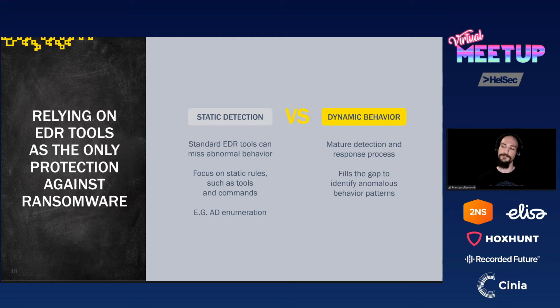And of course, this is not to say that these tools are useless. It's just that when it comes to more advanced attacks, they cannot be seen as the single line of defense. If we take into consideration the most catastrophic security incidents that happened in relation to ransomware attacks, they happened to organizations that still had some form of protection.